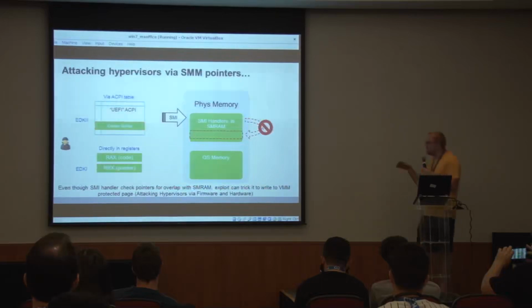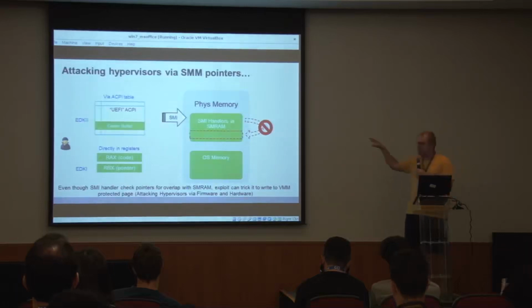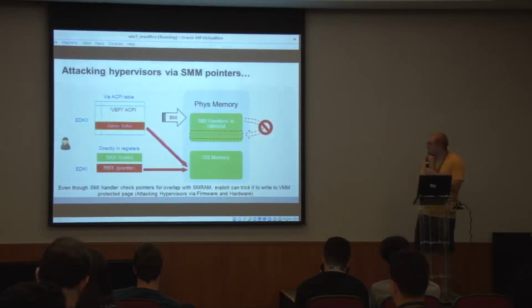What happens next? If there is a hypervisor, and the vendor makes a fix in the SMM code which checks that the pointer is not overlapping with SMM, it still doesn't fully fix the problem. Because in this case, the attacker can find something else sensitive and point the pointer to it to make the write primitive there. You may ask what that sensitive thing is.